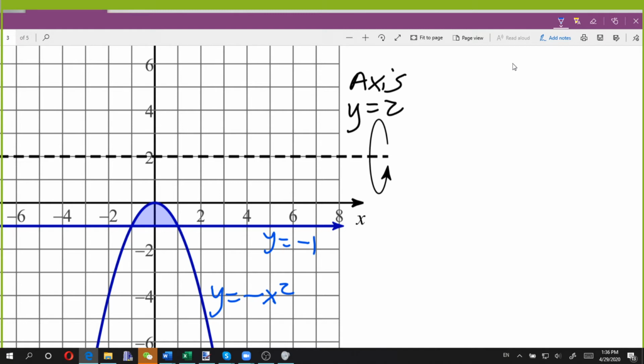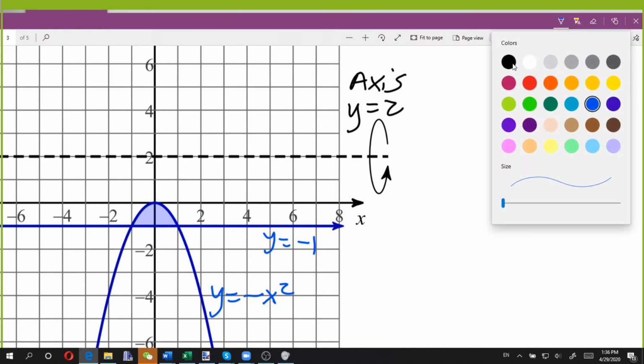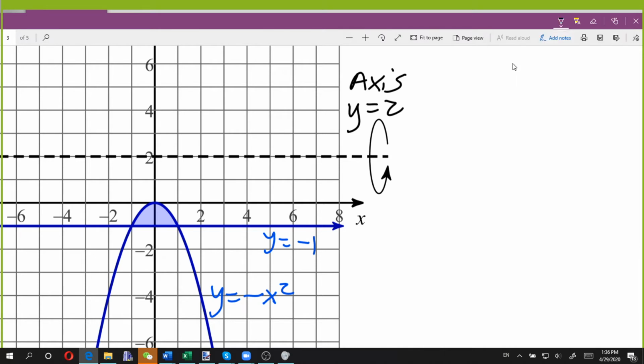So next is Kyle. Kyle, if I'm rotating about a horizontal line, will I need to use disk method or shell method? Shell method. So if we're rotating around a horizontal line, we'll need to use disk method actually. We use shell method whenever our axis is vertical, in order to create our cylindrical shells.